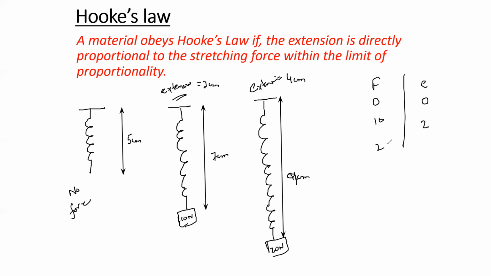When the force is 20, the force is doubled, so what will happen to the extension? The extension will also double. So 2 multiplied by 2, extension will be 4. That is the meaning of proportionality: if one quantity is doubled, the other quantity will be doubled. If one quantity is 3 times, the other quantity will also be 3 times.